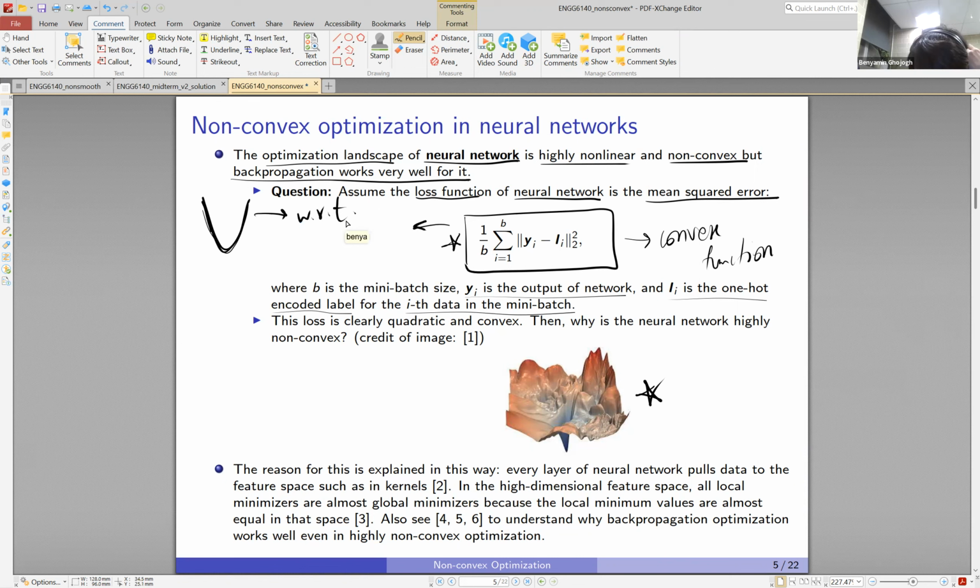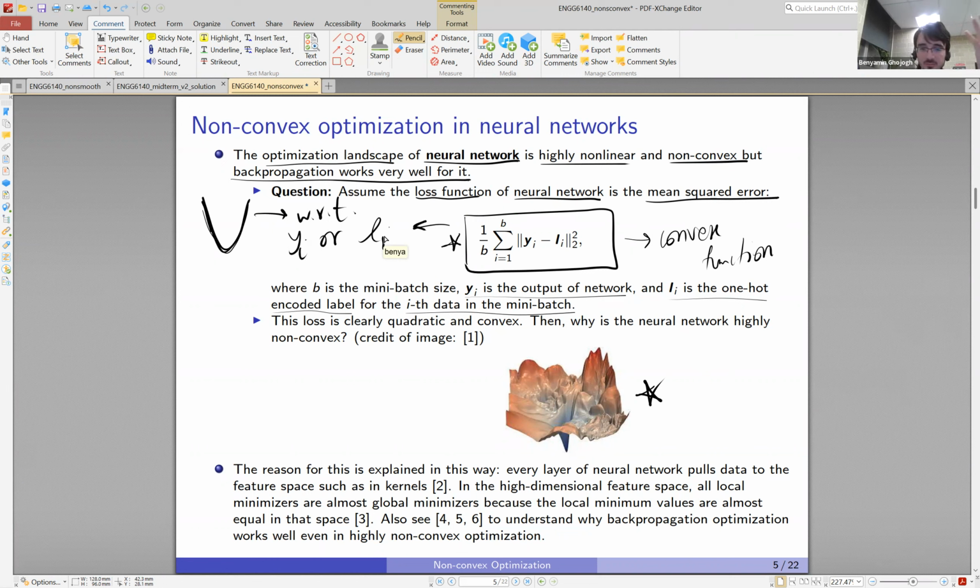With respect to yi or li, right? With respect to li, it is convex. With respect to yi, it is convex. However, the optimization variable here is neither yi nor li. The optimization variable in the neural network is the weights of the neural network.